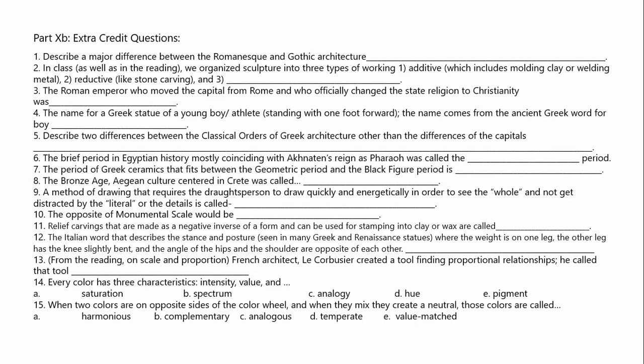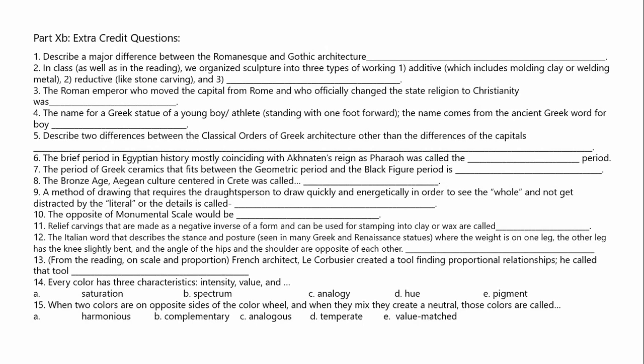The Roman emperor who moved the capital of Rome and changed the state religion to Christianity, although not immediately, was Constantine. The name for a Greek statue of a young boy athlete is Kouros. Kouros.